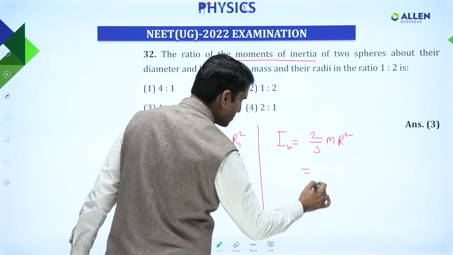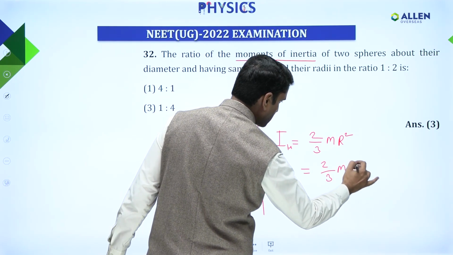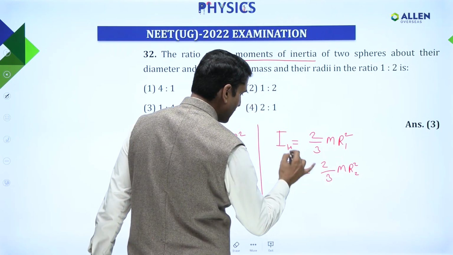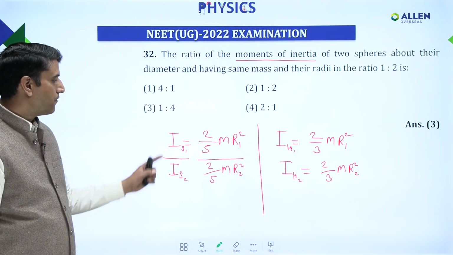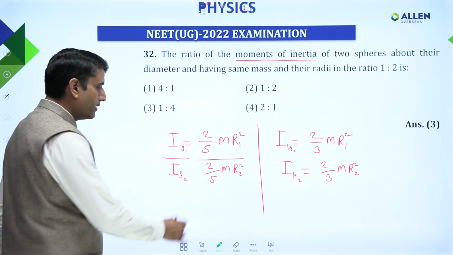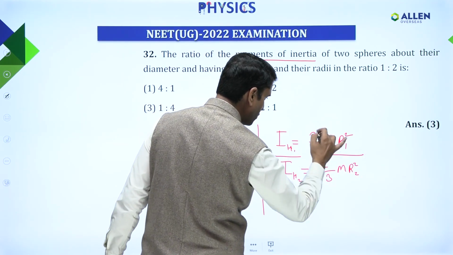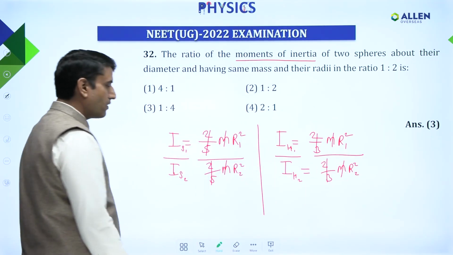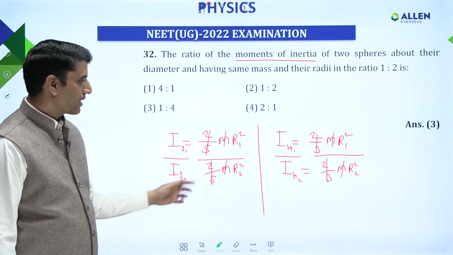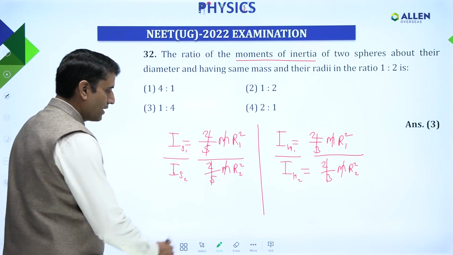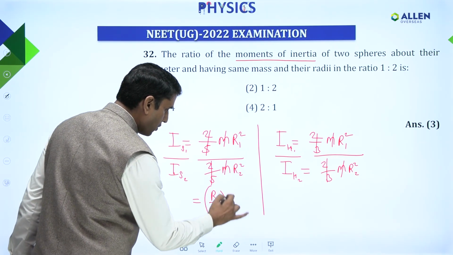And for hollow also it would be 2 by 3 m r2 square, and r1 square, that is IH1, this is IH2. So ratio of IS1 and IS2 would be 2 by 5 cancel out, m cancel out. Here also 2 by 3 m cancelled out. So the ratio of moment of inertia would be r1 square upon r2 square, and here we can see r1 upon r2 whole square.